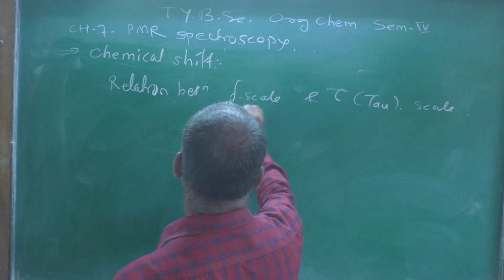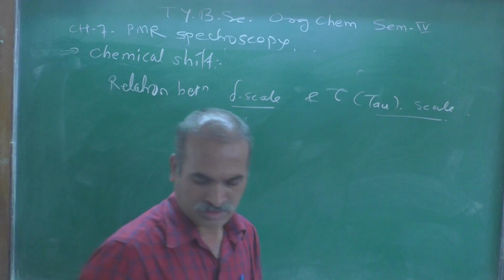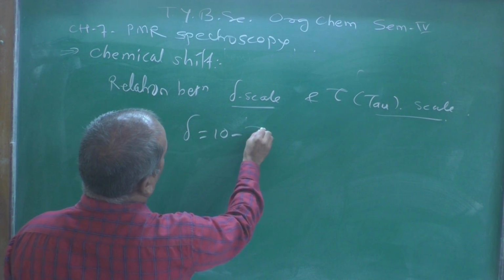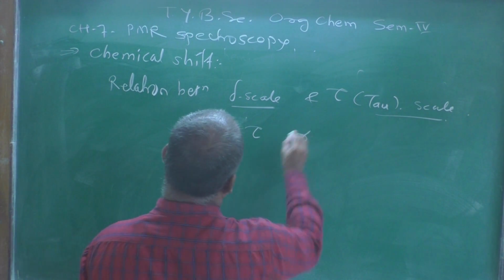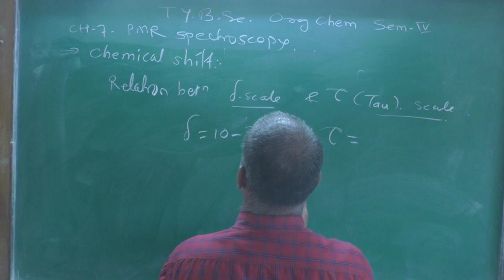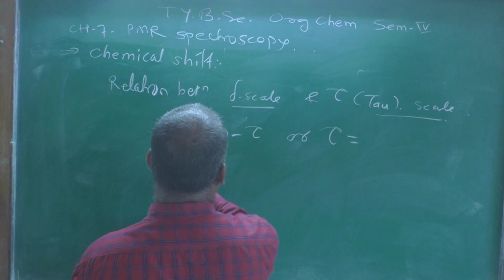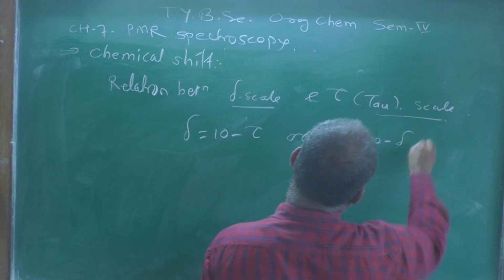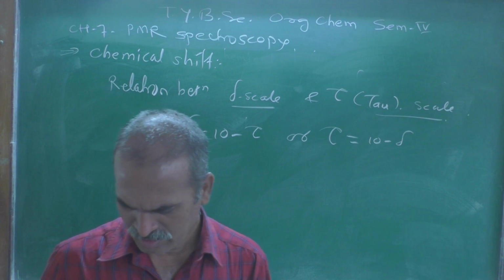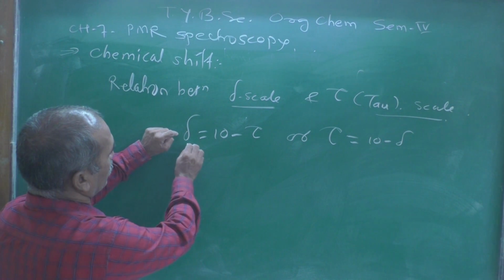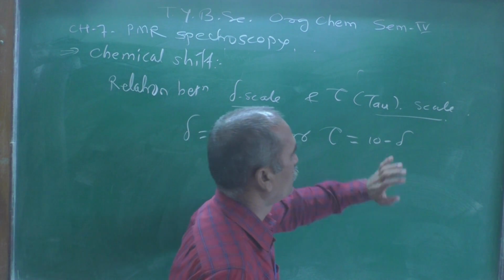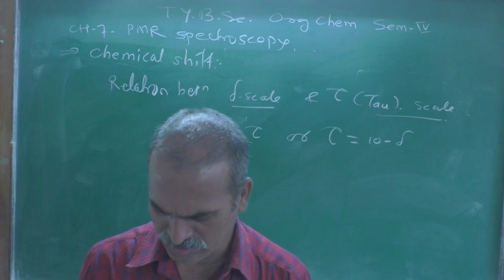This is pronounced tau scale. Mathematically, delta is equal to 10 minus tau, or tau is equal to 10 minus delta. So that is the relation.